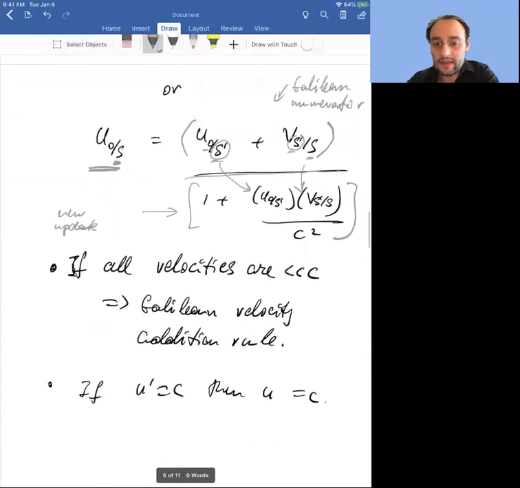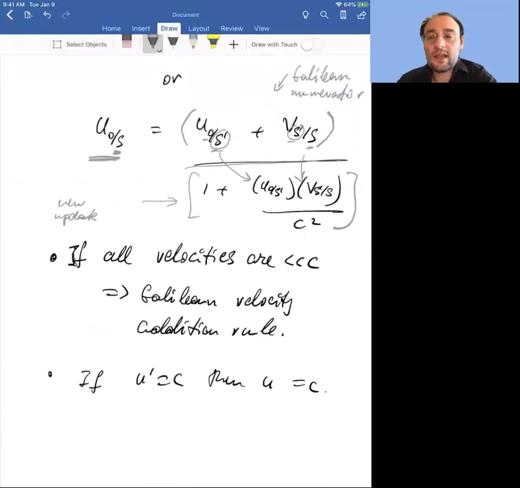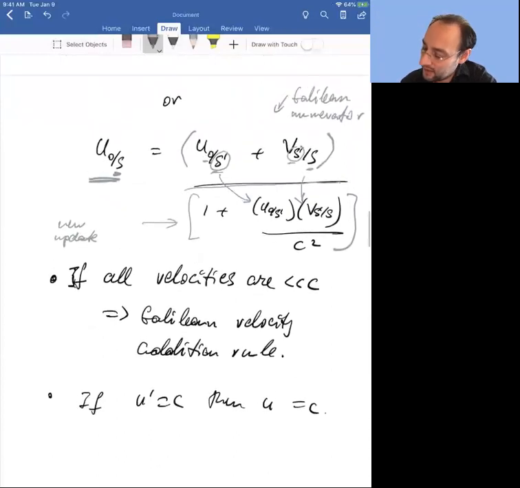So a couple of points. First of all, if all velocities are much less than c, so you can see if this is less than c, if this is less than c, then this thing right here is teeny, it's tiny. The whole denominator is approximately 1.